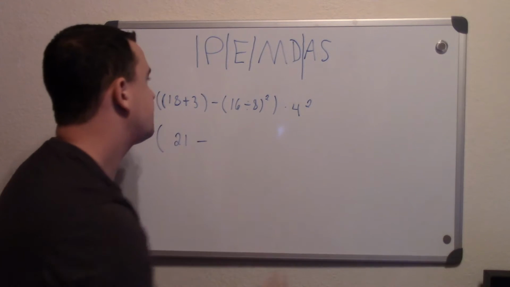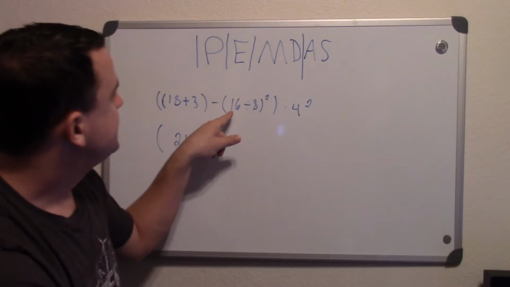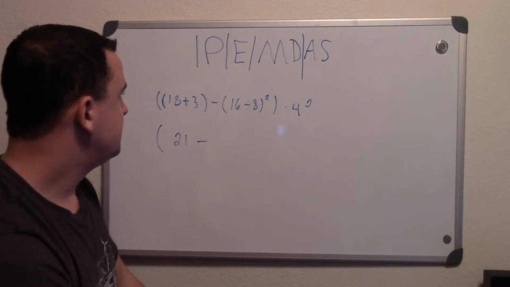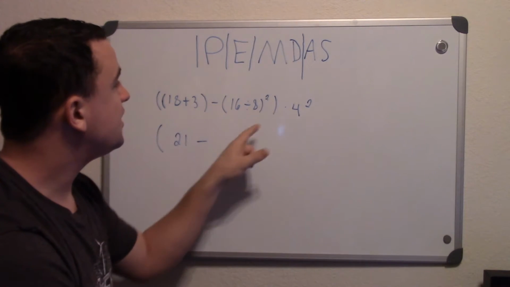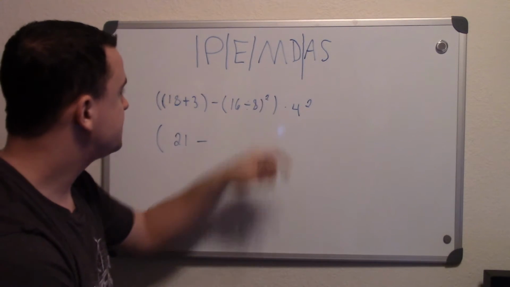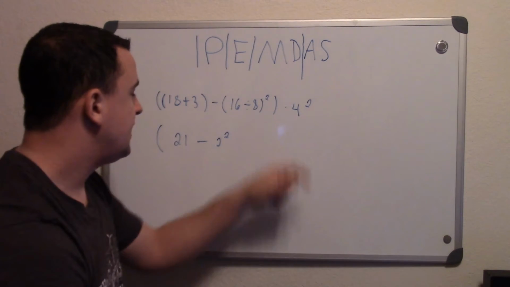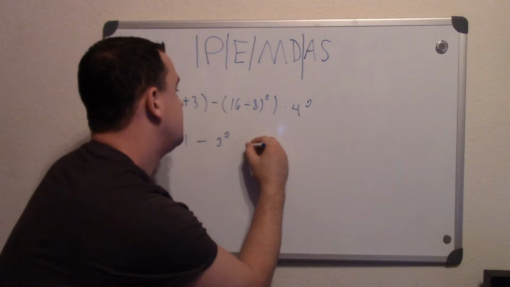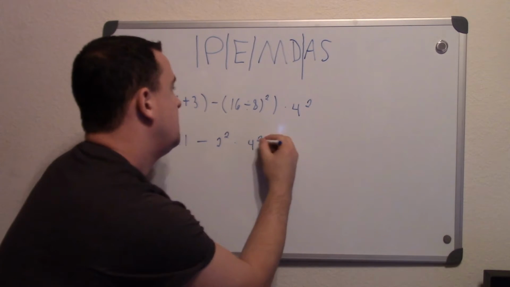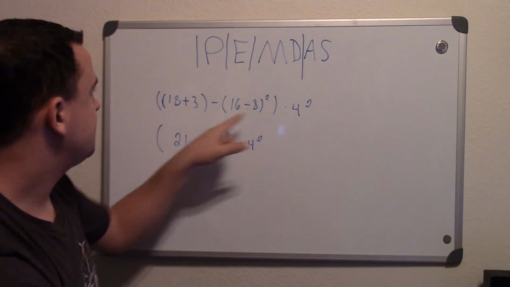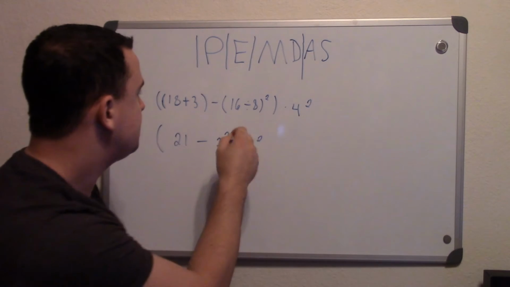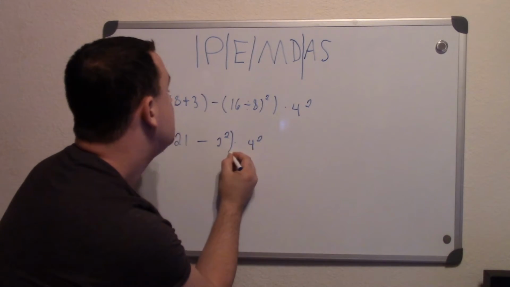Minus, now inside this parentheses, 16 divided by 8 is 2, and this whole parentheses has a squared, so now it becomes 2 squared times 4 squared. We have that final outside parentheses right in front, so that goes right there.